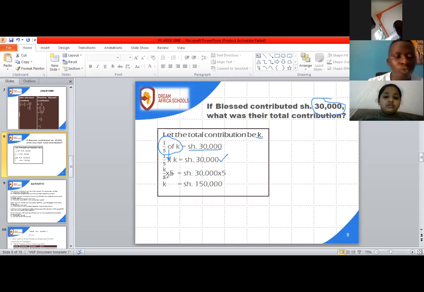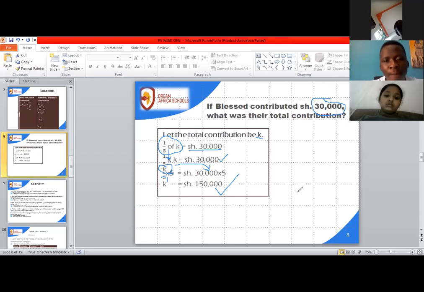In order for us to do away with this denominator of 5, we shall multiply it on both sides. That's why here we had it times 5 and also multiplied the other side times 5. We realize that by 5 here, we get 1s. By that 5 there, we remain with K, which will be equal to 30,000 times 5 to give us a total contribution of 150,000 shillings.